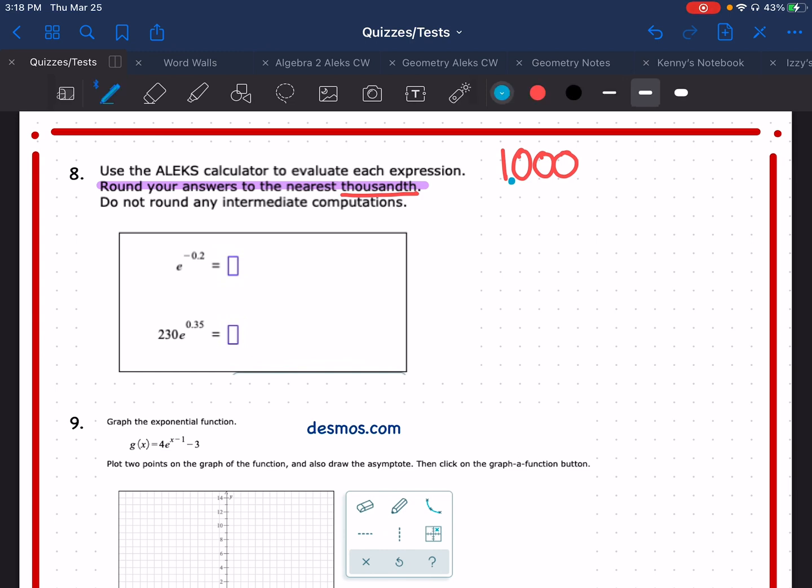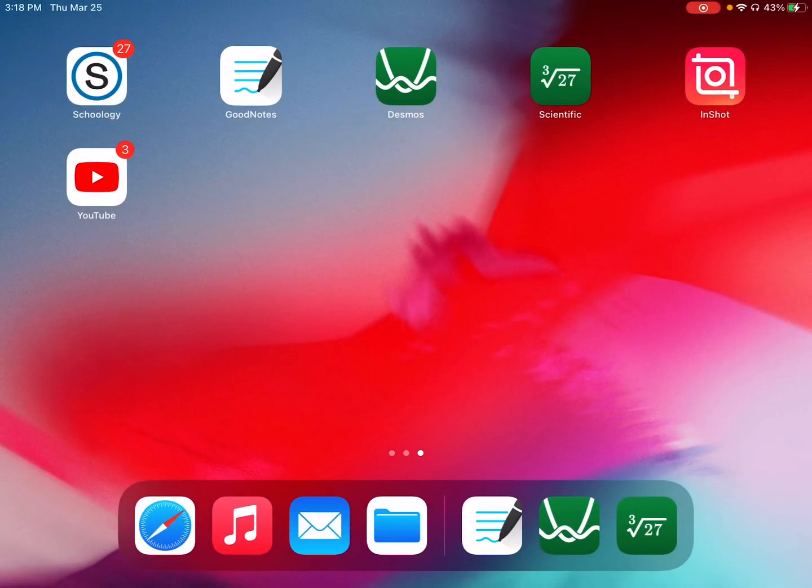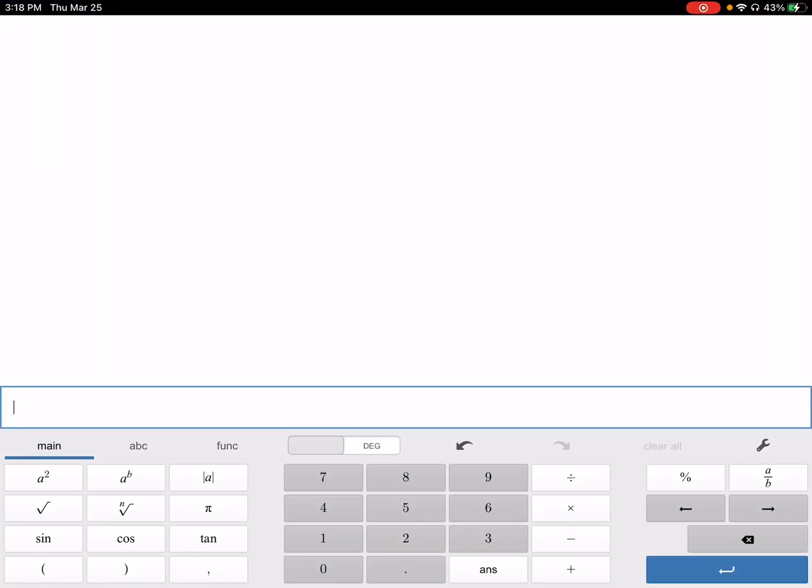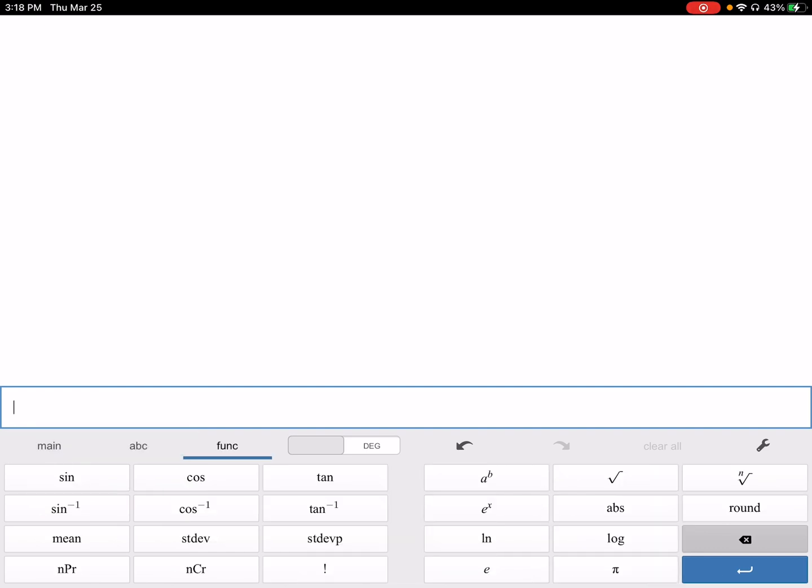Okay, so I'm just going to go ahead and use their Alg calculator, or you could go over to the Desmos calculator. Let me show you that one really quick. I'm going to clear this one. There we go. And if you hit this word function right here above the A to the absolute value of A right here, you can come in and it has the E right there.